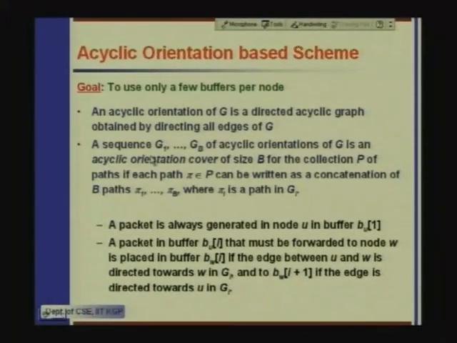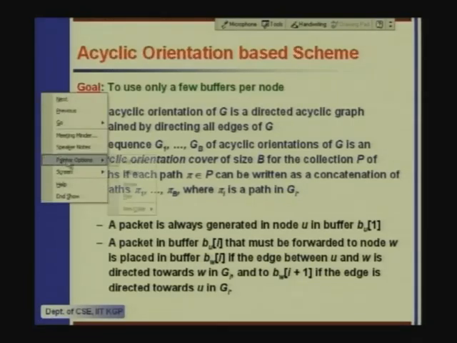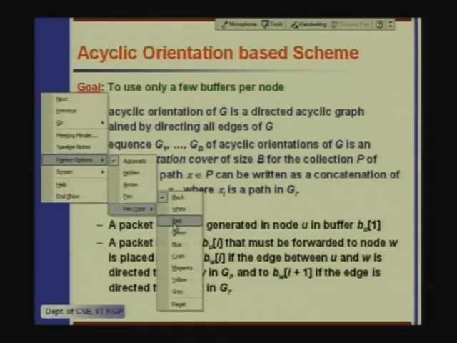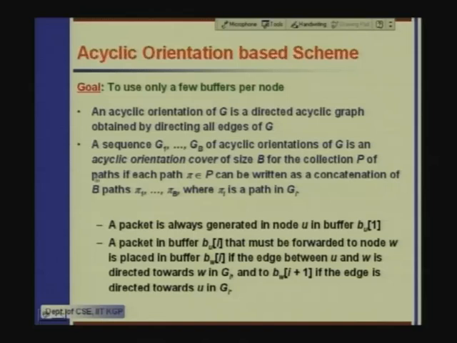A sequence G1 through GB of acyclic orientations of G is an acyclic orientation cover of size B. Okay. Now, this is an interesting thing. We want to define something called an acyclic orientation cover. Okay.